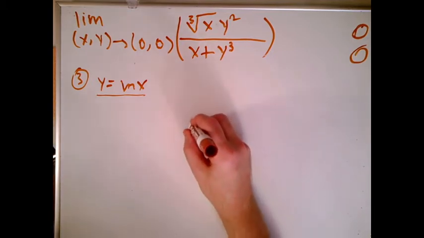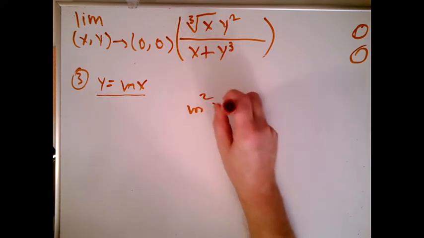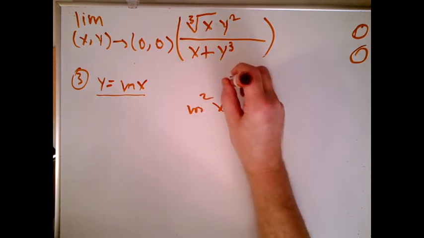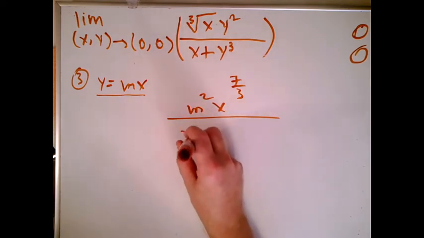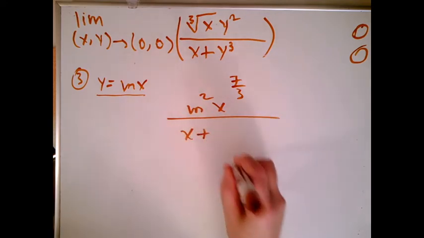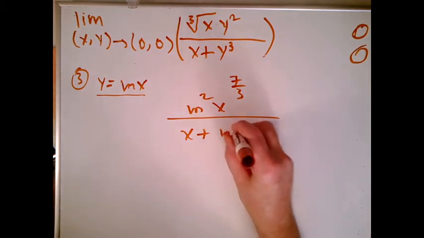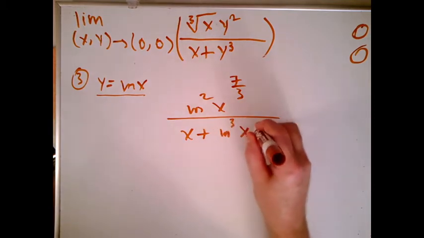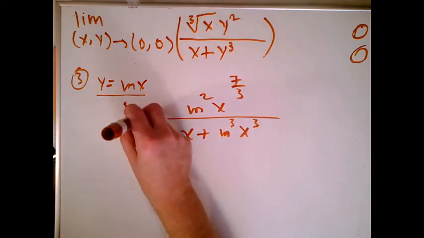I have to be a little bit careful here. I'm going to get m squared. Let's see here. I think it's x to the 7/3 again. And this is going to be x. y cubed is going to be m cubed x cubed. We are taking the limit, right?